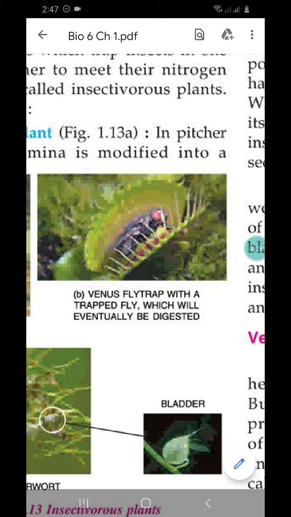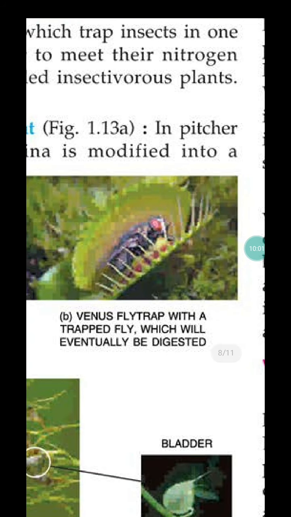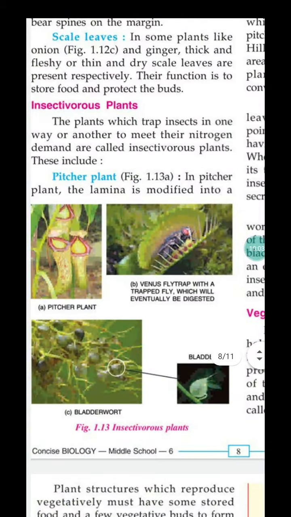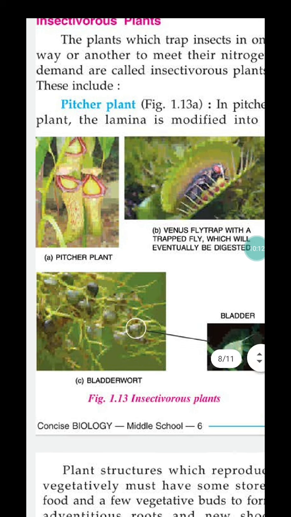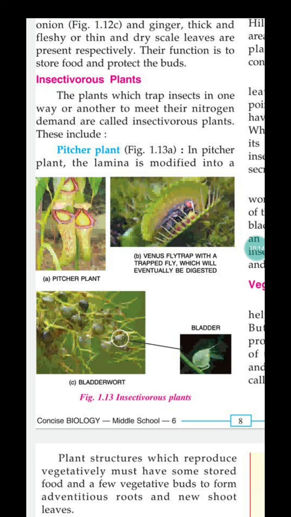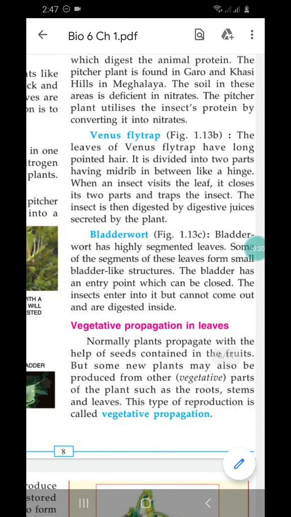They close. In the same way, Venus flytrap has the ability to open and close. And to the end of these leaves, you find thorns attached. They trap with the help of it. And in bladderwort, the leaves have a spider web-like structure. Have you ever seen a spider's web? When an organism enters, they can easily trap them. And this bladder has the ability to open and close.